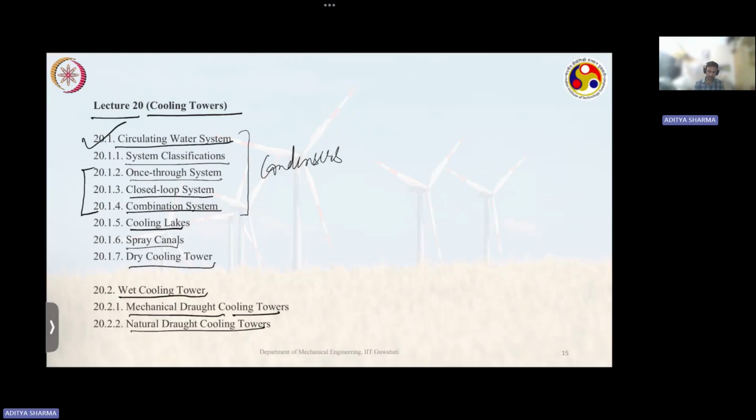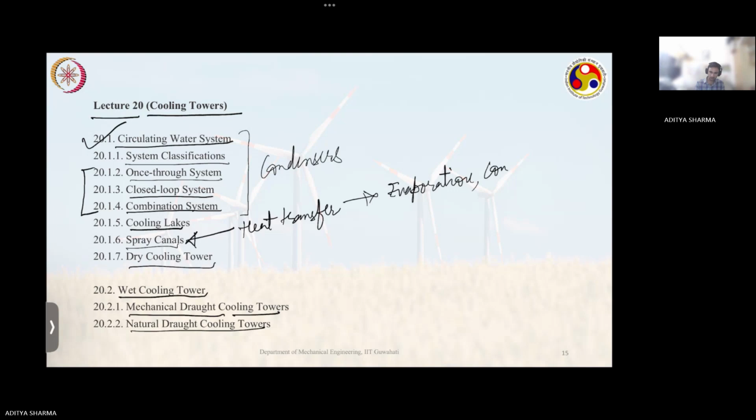So in your spray canal, your heat transfer is basically because of evaporation, conduction to air, and partial radiation.